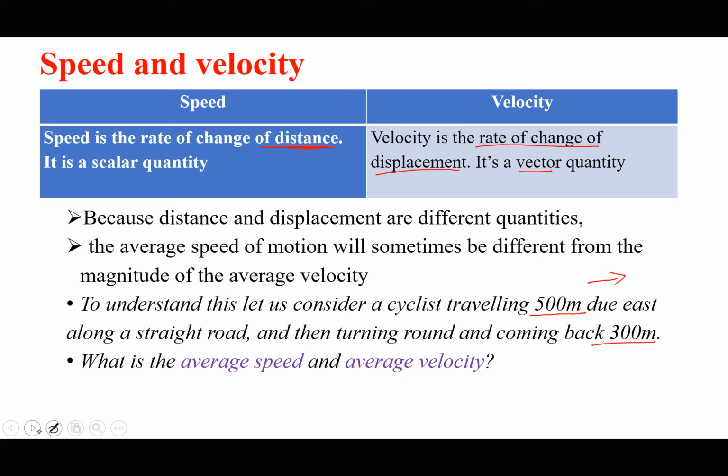To find average speed, we need the total distance divided by total time. For total distance, we shall have 500 plus 300, which will be 800. And the time, let's say the time is t.